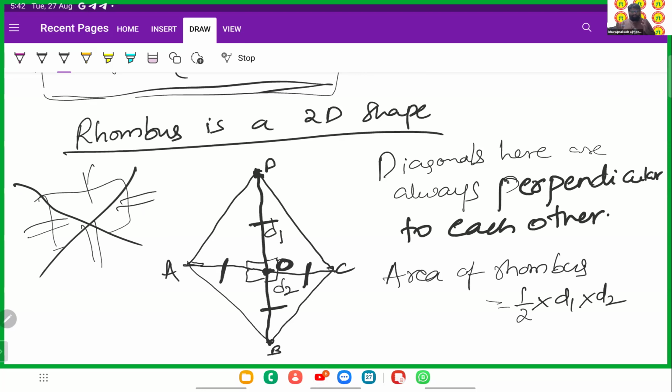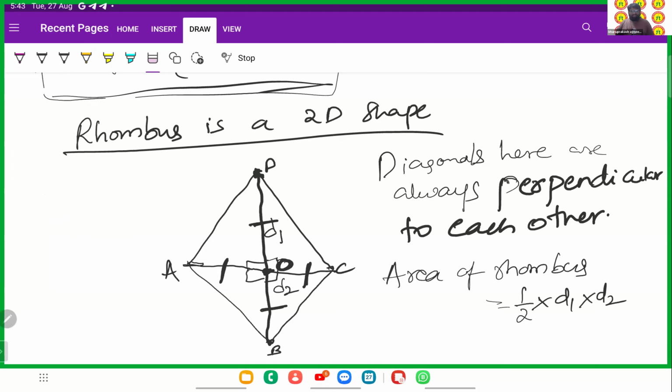So a four-sided shape where the diagonals are perpendicular to each other is called a rhombus.